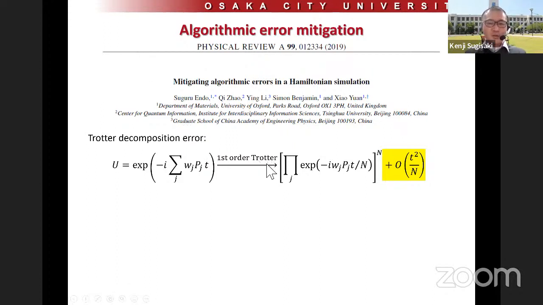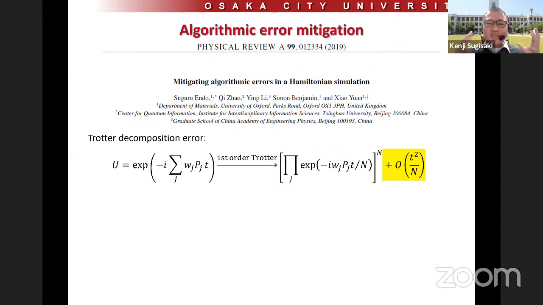Let us think about the first order Trotter error. The time evolution operator can be rewritten as shown here by using a first order Trotter decomposition, and the error scales as shown here, t squared divided by n. Usually, increasing this n is very difficult because the depth of the quantum circuit depends on n.